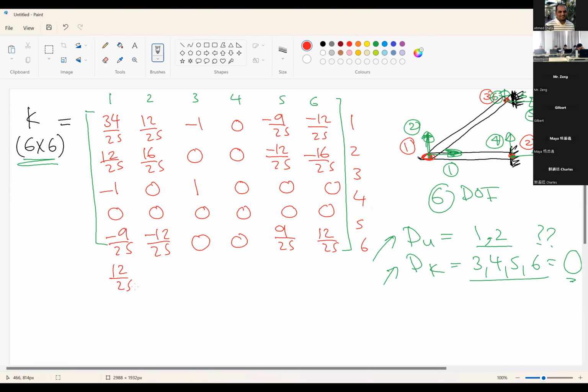Then 12 over 25, negative 16 over 25, 0, 0, negative 12 over 25, 16 over 25.